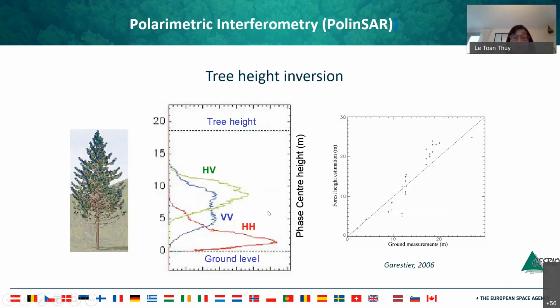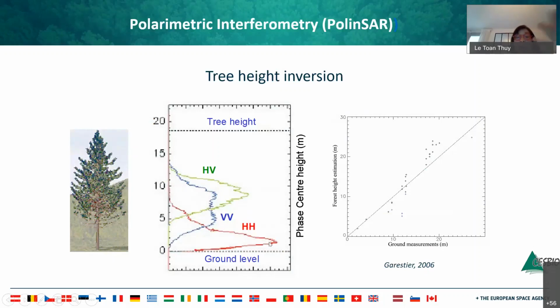And here the principle is at one of the polarizations. You see here the distribution of the signal, as Raymond has shown, HH, VV, HV with the same trees. And here with the phase center height for HV, VV, and HH.